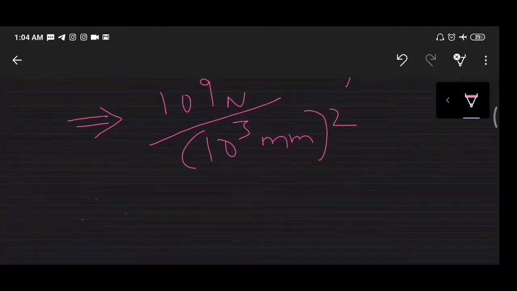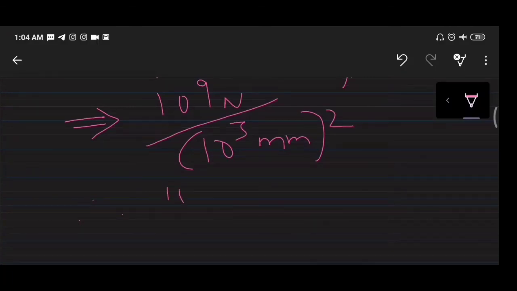Therefore 10 to the power of 9 Newton per 10 to the power of 6 mm square.